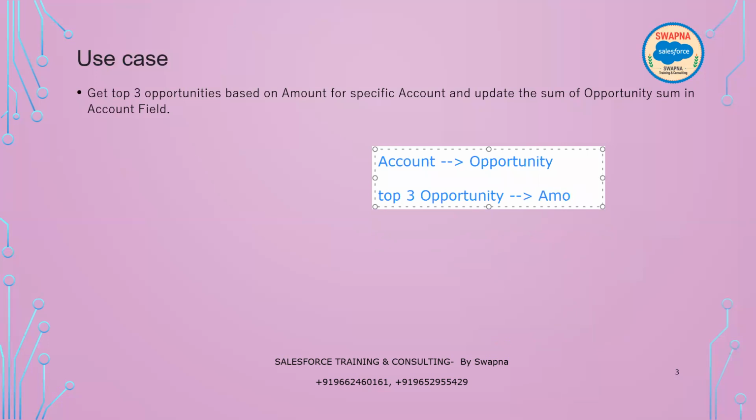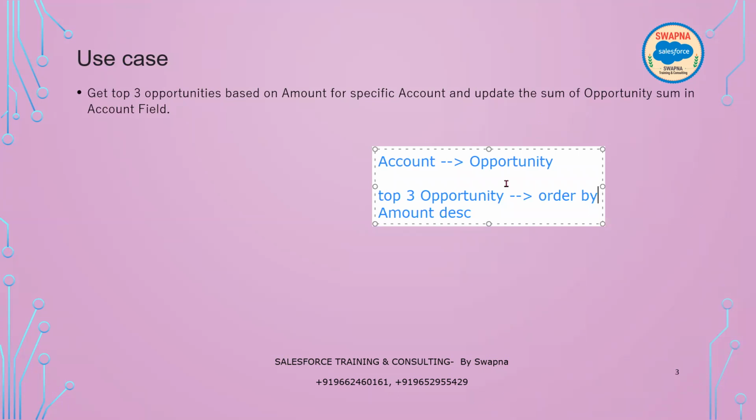If there is any opportunity that has the highest amount, that will come on top, so here it will be order by amount descending. From the opportunities ordered by amount descending, I want to get the top 3 opportunities and then sum all of those amounts.